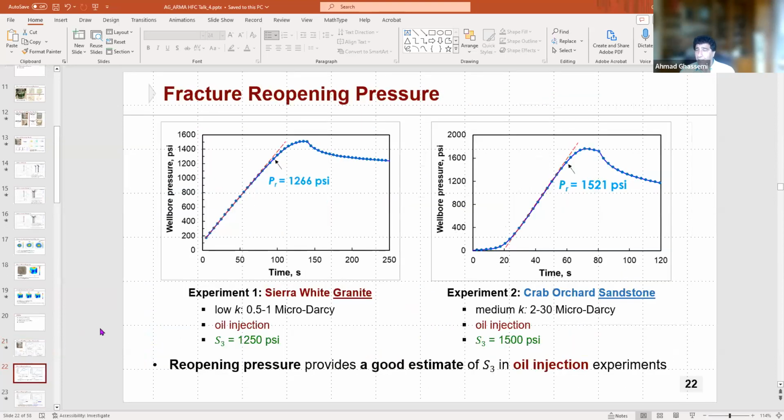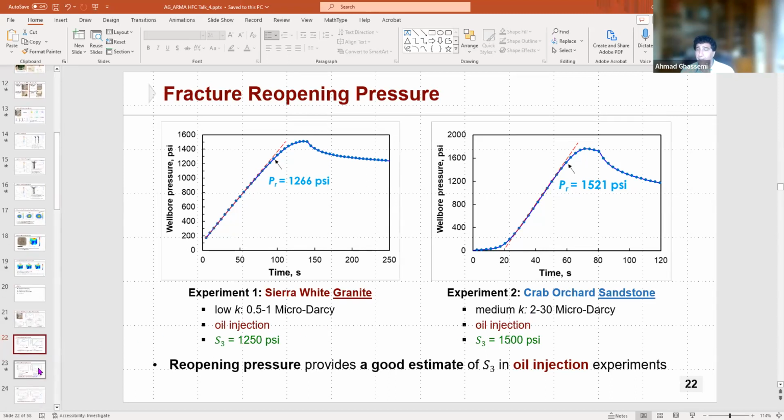And fracture reopening in the Sierra White granite with oil injection is fairly representative of the closure pressure in the Crab Orchard also. In the Crab Orchard, we also use oil, so the reopening pressure is 1521 compared to the actual applied stress of 1500 psi.